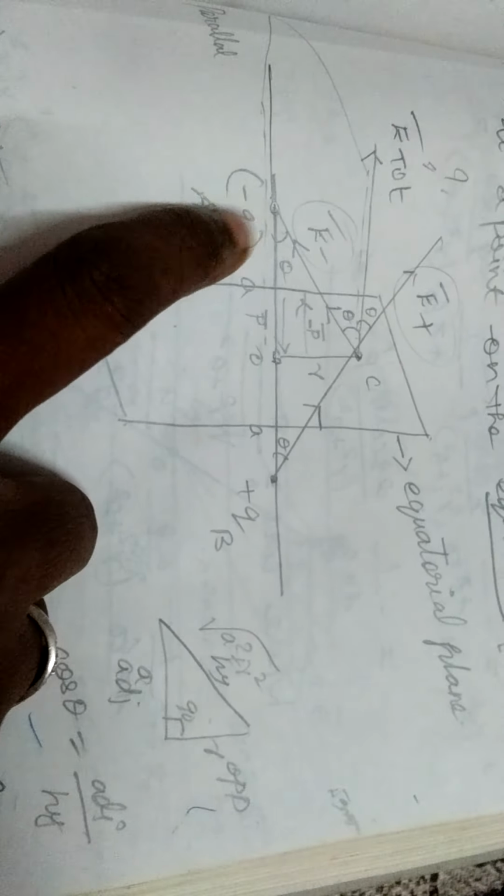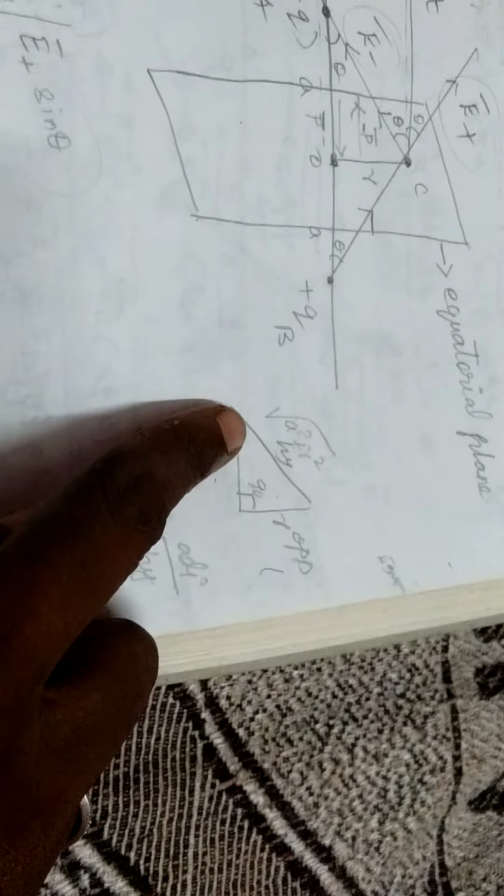Already we know this distance is R, and the distance from point A to O is A. This is what we want to find using the Pythagoras theorem.